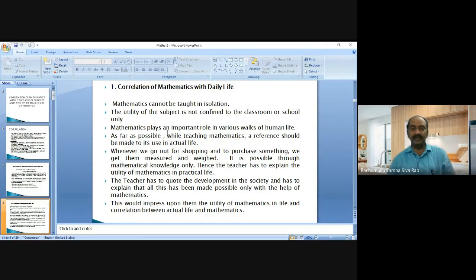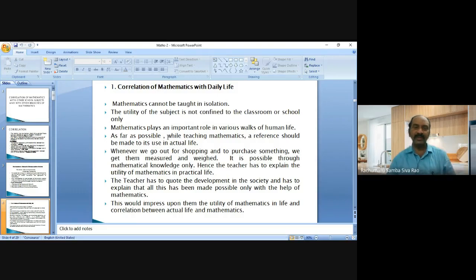Definitely, though he is literate or illiterate, he has to gain the knowledge, or otherwise he has to apply the basic knowledge of mathematics in order to succeed in his life. Otherwise, a human being cannot lead a successful life.